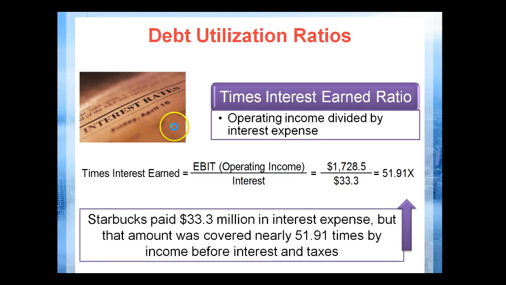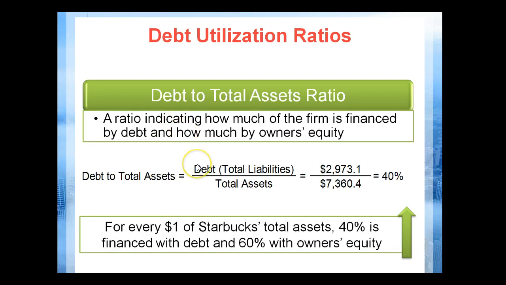So the test that we're going to use is we're going to say, how much debt do we have to assets? What's the relationship between your debt and your assets? Generally, if you have a debt of 40%, you have to conclude that 60% of your organization is being financed by revenues and equity, and 40% of your organization is being financed by debt.